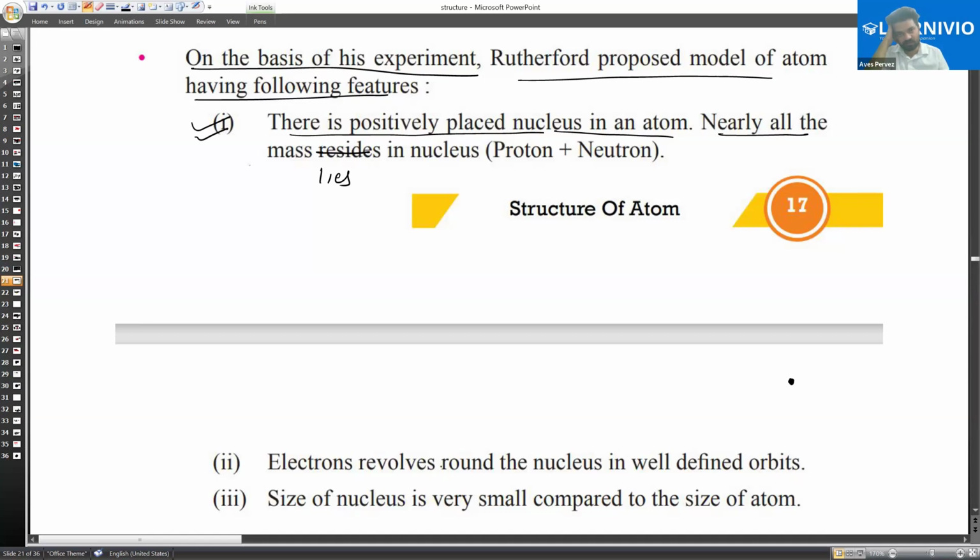And lastly, 1 out of 12,000 alpha particles gets deflected back along its original path, indicating that there is something hard and dense present inside the atom, which he later called the nucleus. The discovery of the nucleus was done by Rutherford. Alpha particles cannot penetrate it because it is very hard and dense, and because of that, they rebound back.